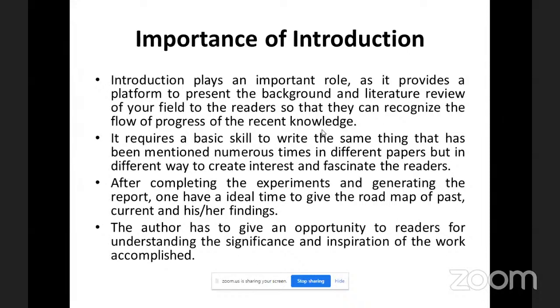So your introduction will be a very critical point in your research paper. It should be very good, attractive, selective words should be there which represent the things there. So that what will happen, the introduction will be good, and the reviewer takes interest to review the whole paper.